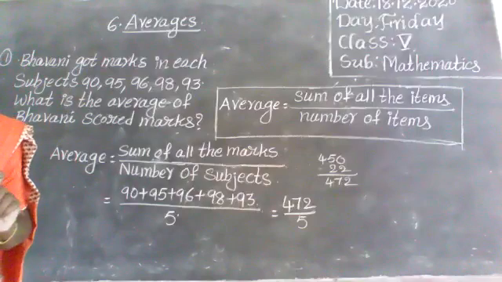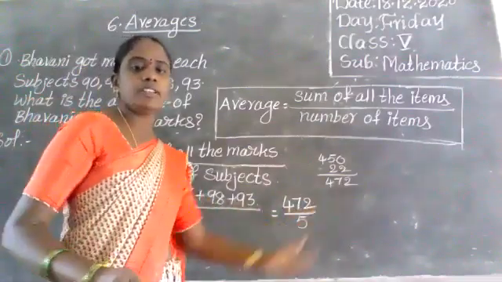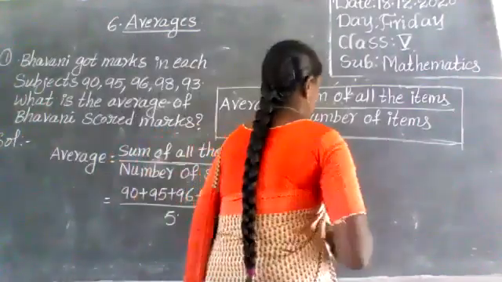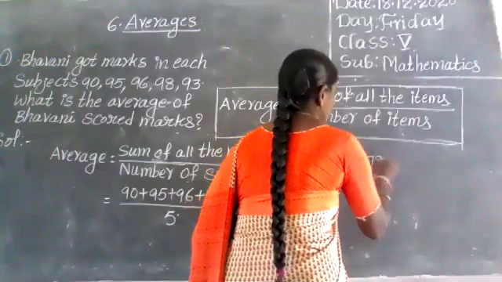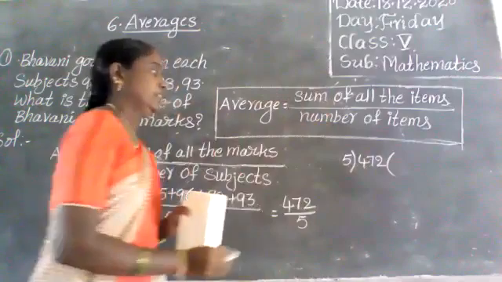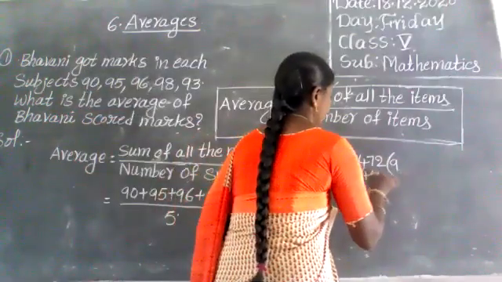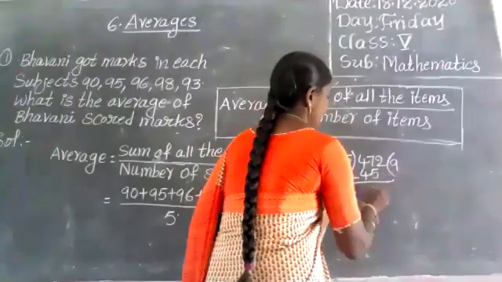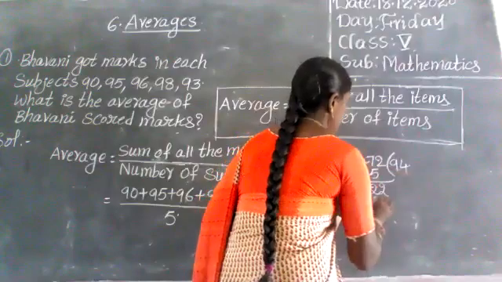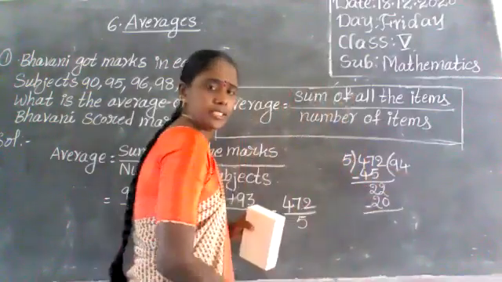After simplification means do division, children. 472 divided by 5. 5 nines are 45. Next, 7 minus 5, 2. 5 fours are 20. 22 minus 20, 2.